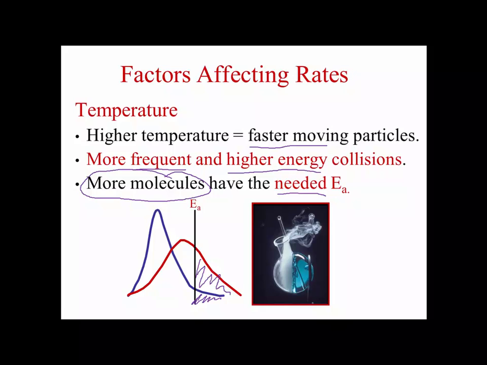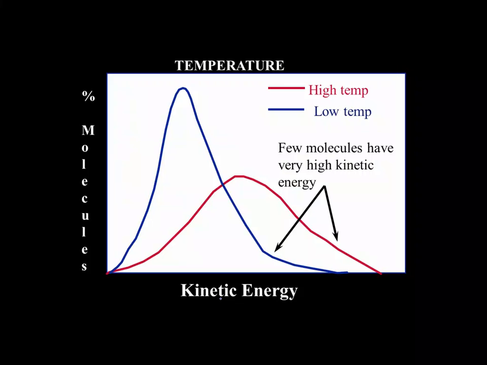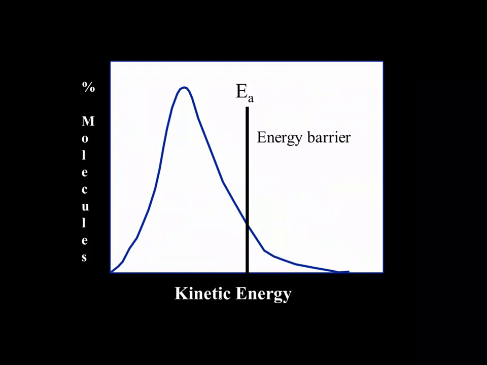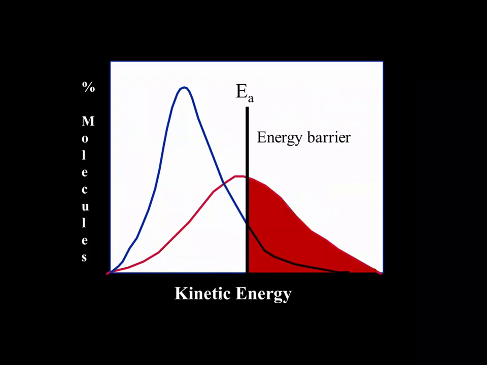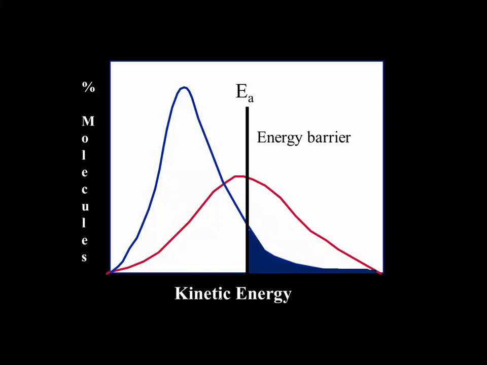All of this increases your rate. Increasing temperature always increases your rate. So a high temperature has a much larger number of molecules, the area under that curve, that have that necessary energy.